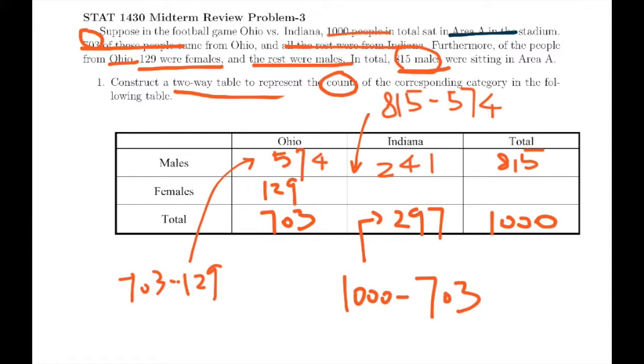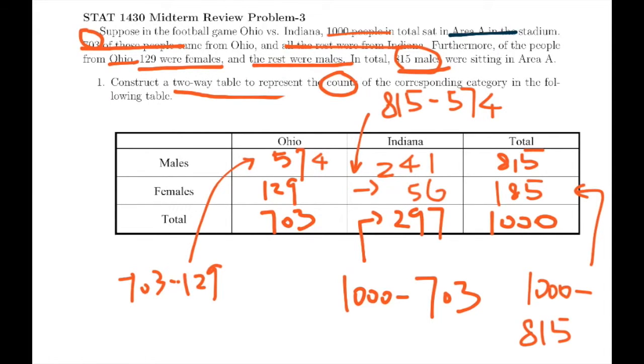And similarly, we can figure out this box here, that is 1,000 minus 815 equal to 185, and then we can find the very last box by using 185 minus 129, which is 56.